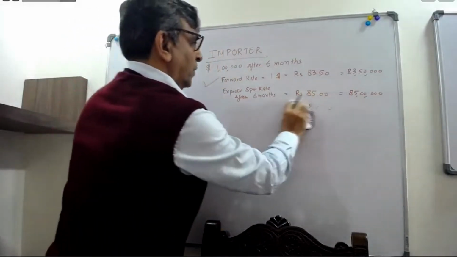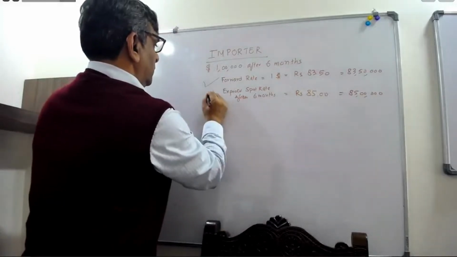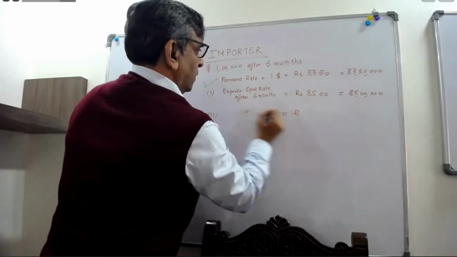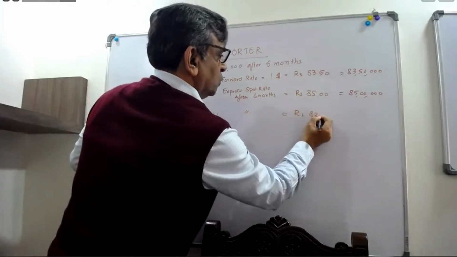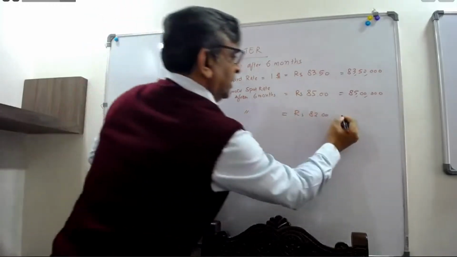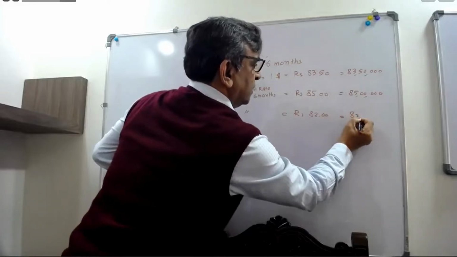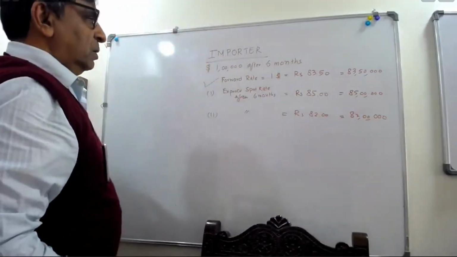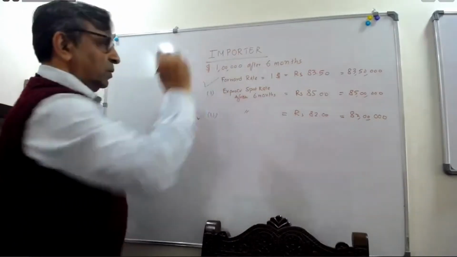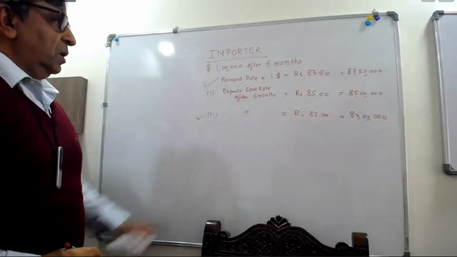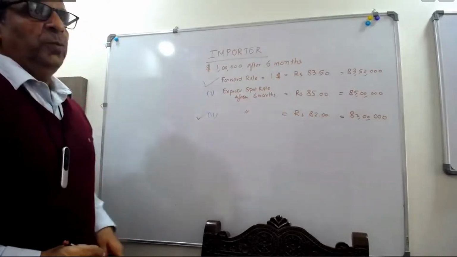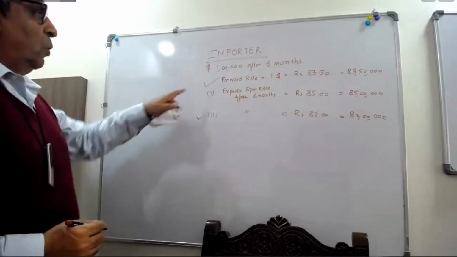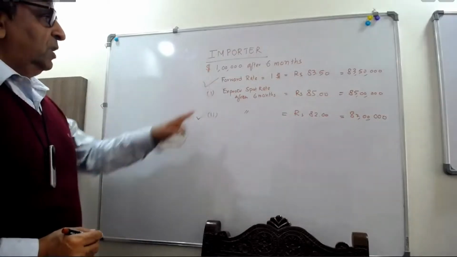The second scenario was that it was rupees 82. In that case, if you are not hedging, you would be making a payment of 82 lakhs. So you should not hedge yourself, isn't it? If the chances of this are going to be more and this is going to be less, you should not hedge. Now, once you have taken the forward cover, then you don't have a choice.